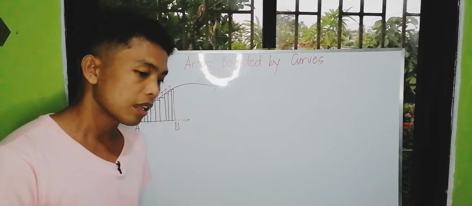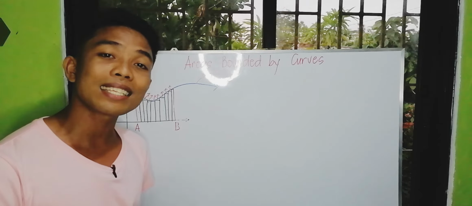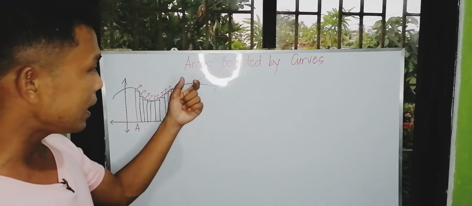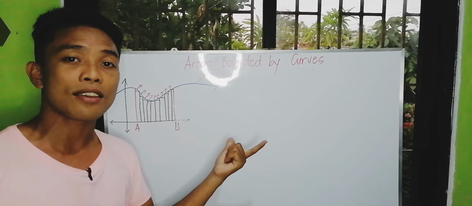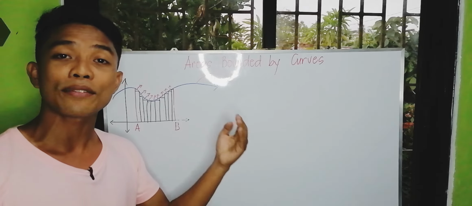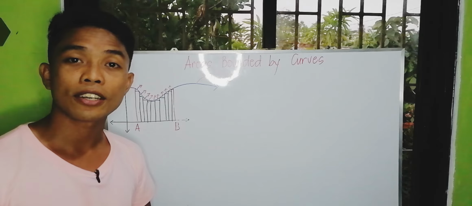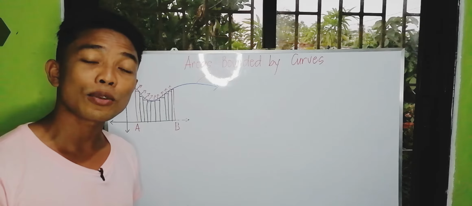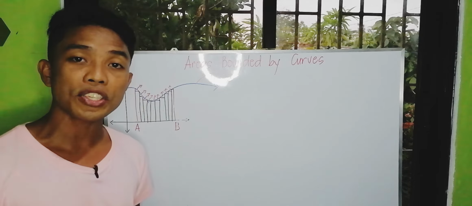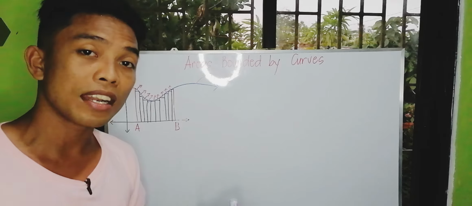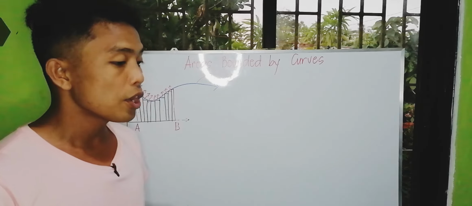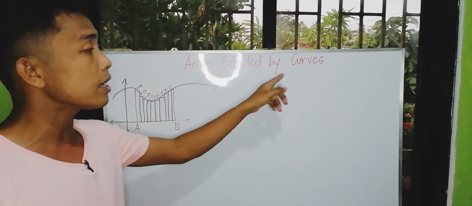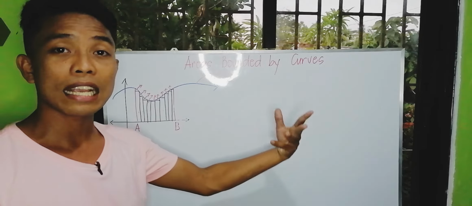And your limit, based on your calculus 1, is related to your derivative. Meaning, kapag binigyan ka ng isang function and that is a derivative, you are going to find the antiderivative of that function. Okay? Meaning, nandito na tayo ngayon sa integral calculus. Magagamit natin ang concept ng definite integral na natutunan nyo doon sa naunang video para makuha natin ang area ng mga regions bounded by curves. Paano natin gagawin yon?